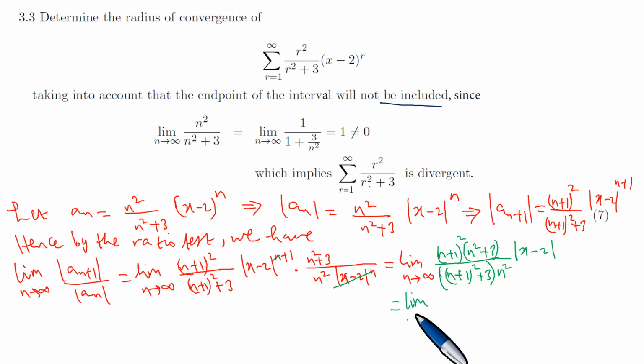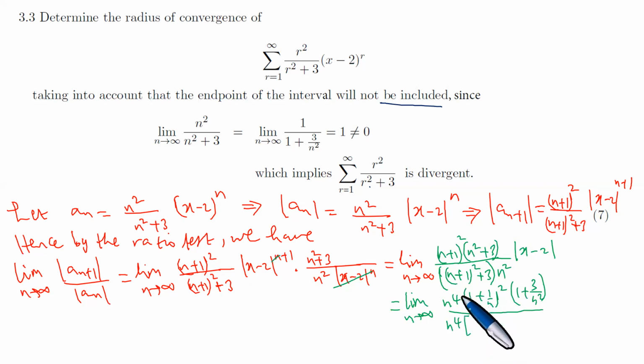So we need to evaluate this limit, as n goes to infinity. So we pull out n here, it's going to be n squared. And then pull out n squared, so it's going to be n to the 4th power, times 1 plus 3 over n squared. So you pull out n here from within the brackets, that's going to be n to the fourth power.